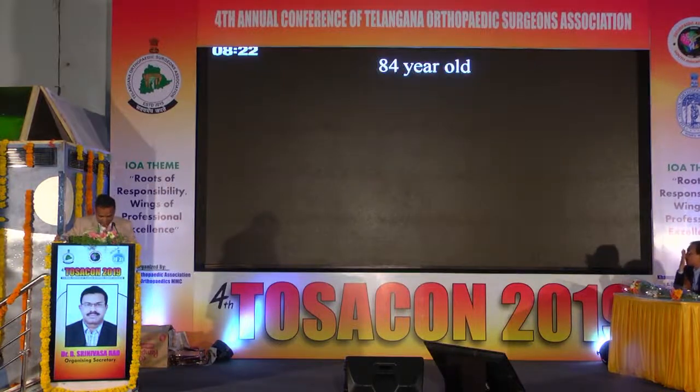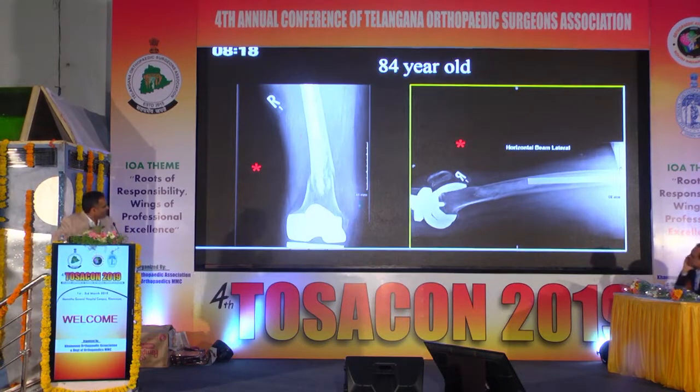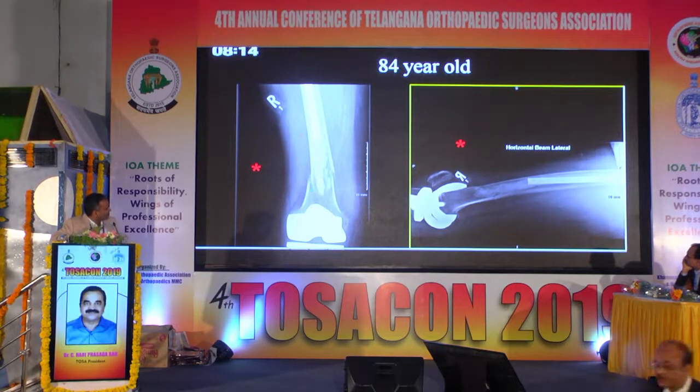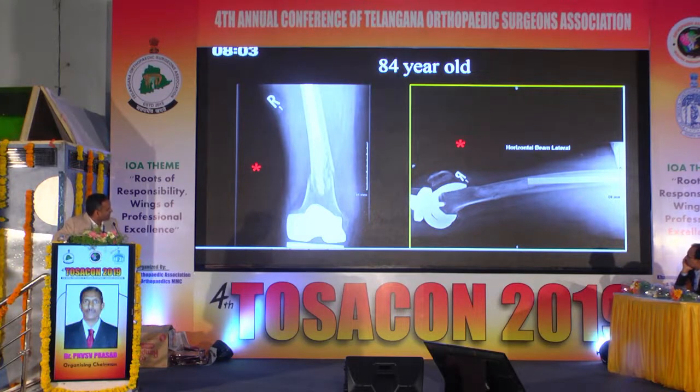Now, I will go through an 84-year-old patient who presents with a fracture going through the metaphysis of the distal femur. That's a long stem femoral implant, and this is a cruciate retaining total knee. She presents with an almost undisplaced fracture.